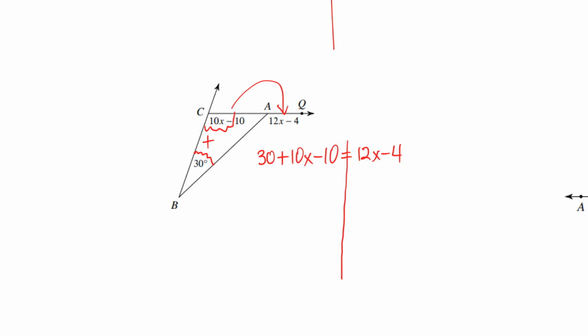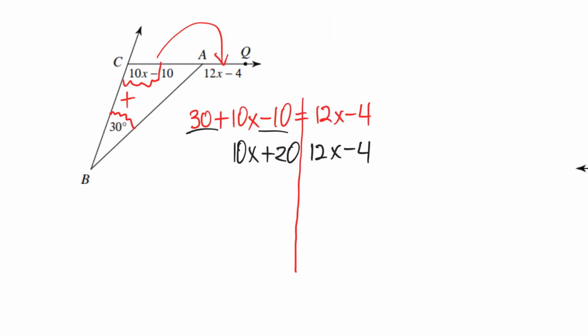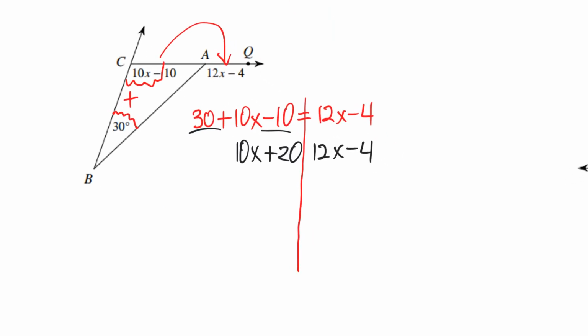So we're just going to solve for x. All right. So I've got 10x, nothing's changed there, but what is 30 minus 10 on this side? Is 20. And we have 12x minus 4 over here still. Now I need to get my x's together, so I'm going to subtract 10x from both sides. That's going to zero out.